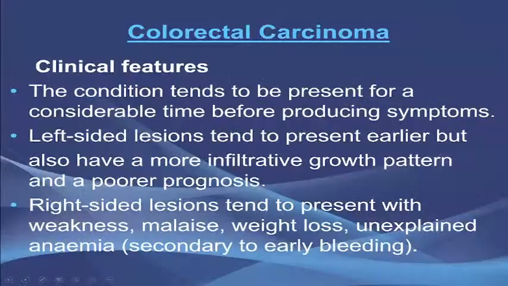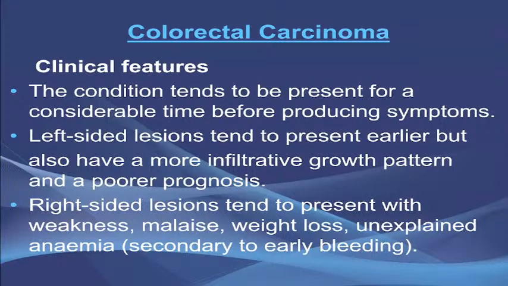So clinical features: they tend to be present for a considerable amount of time before producing symptoms. We've already mentioned that left-sided lesions tend to present earlier because of the obstructive napkin ring pattern, whereas the right-sided lesions have a more infiltrative growth pattern.